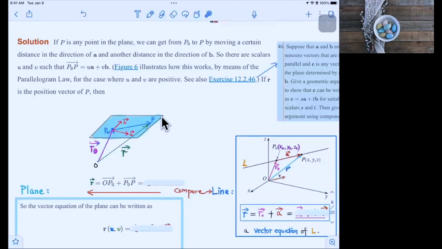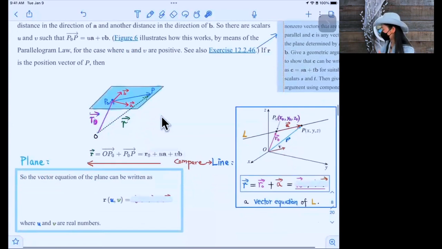R naught, right? And what is P naught P over here? That is being replaced by this expression over here. So we're going to have R equals R naught plus U times A plus V times B. So we got this vector equation for this plane.